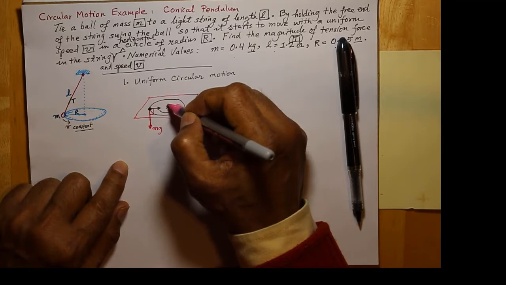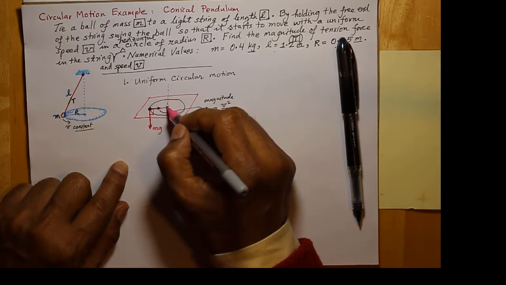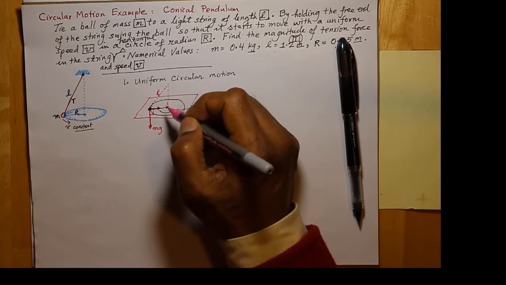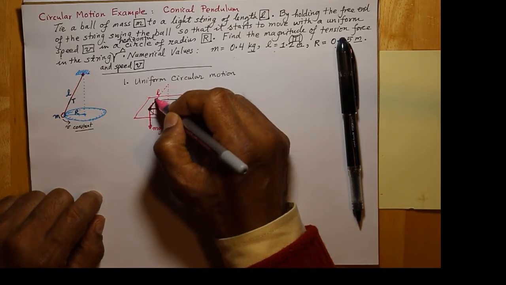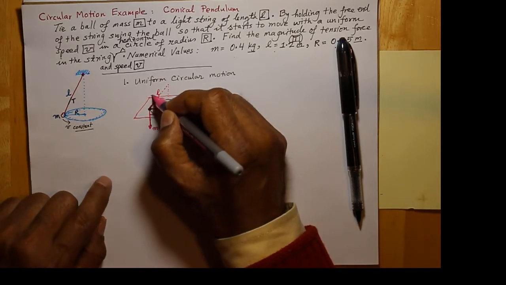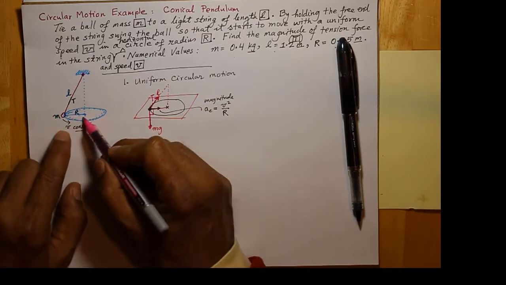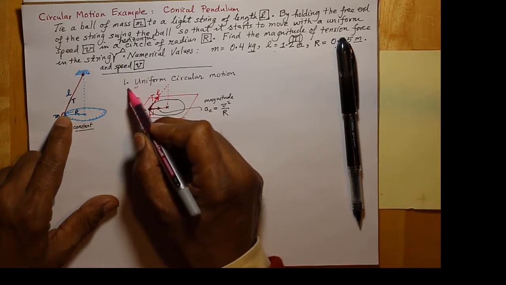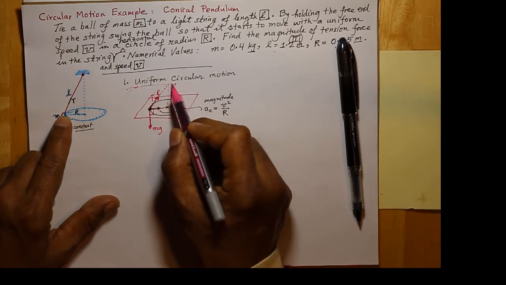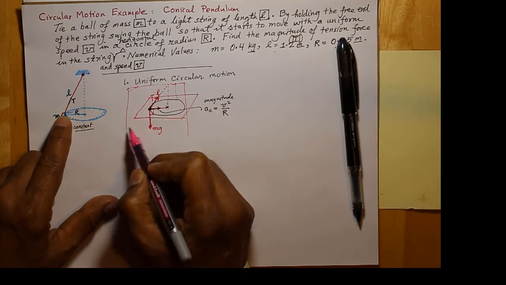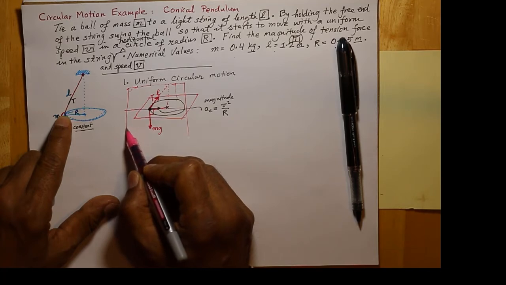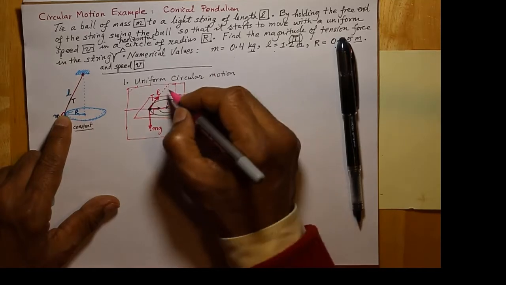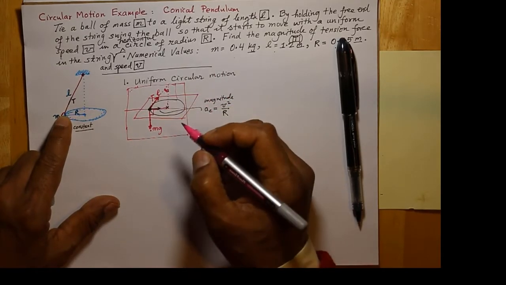Tension, if I go directly above, this is R and this is L, then the tension is in that direction. Let's call it magnitude T. We're looking at this particular instant, so we can assume there's a vertical plane in which the motion is occurring, and mg is in that plane and T is in that plane, and there is this angle here which we can make use of.